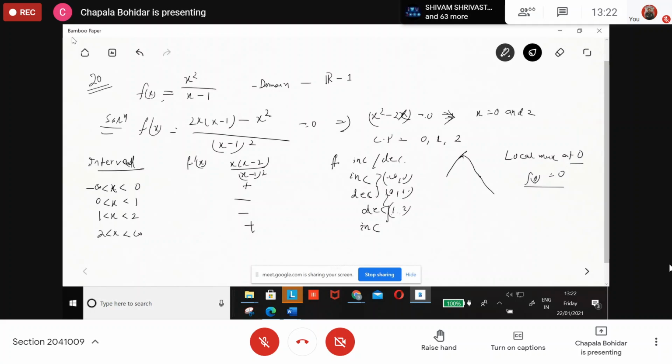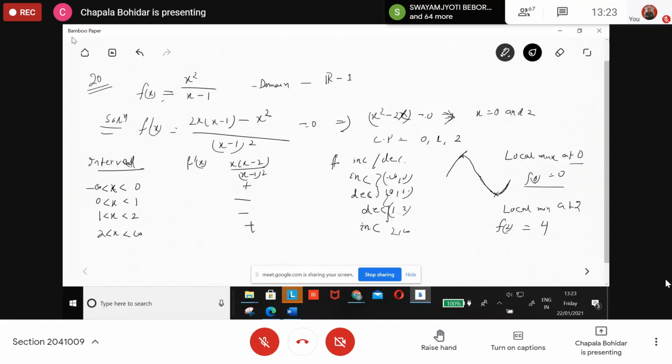Then after 2, it is 2 to infinity, it is increasing. So it is decreasing, then it is increasing. Local minimum at 2, f of 2 is 4.